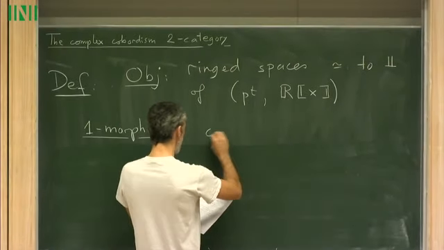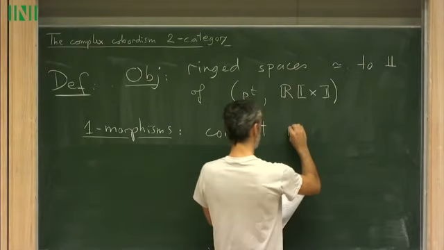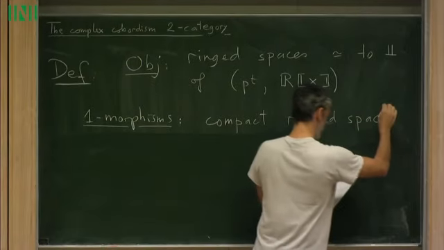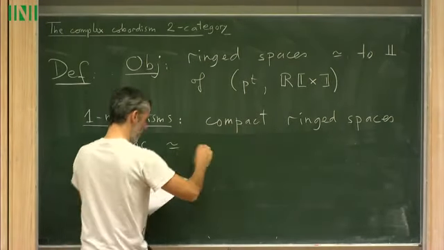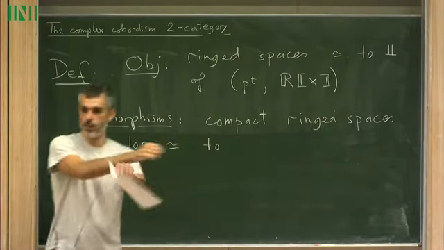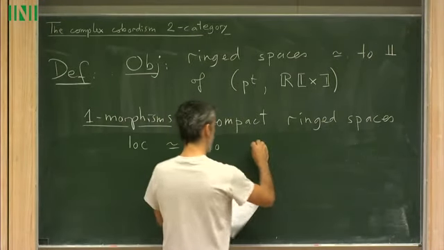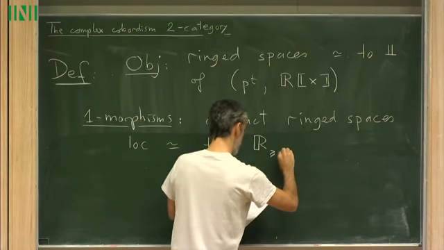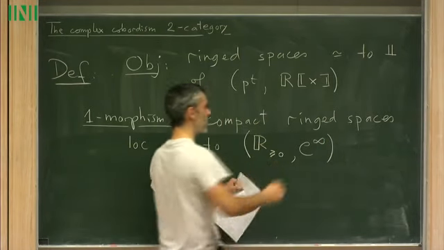Let me emphasize compact. Ringed spaces, locally isomorphic to, well, either the real line with its sheaf of smooth functions, or the positive real line with, again, its sheaf of smooth functions.